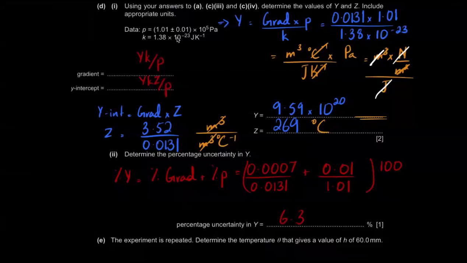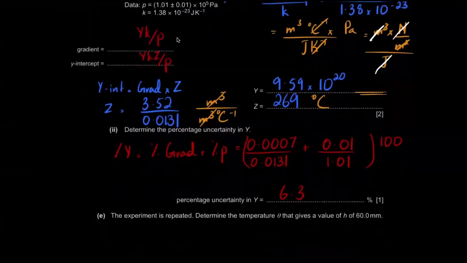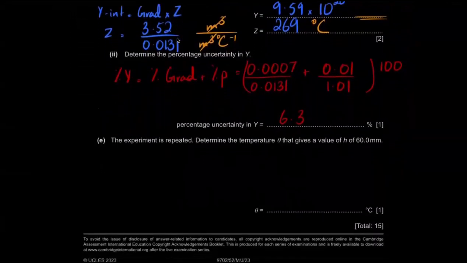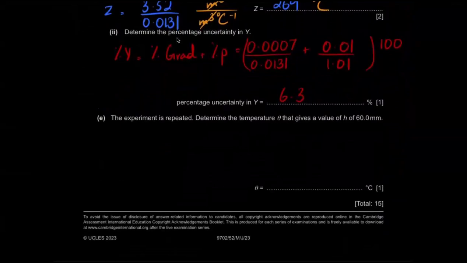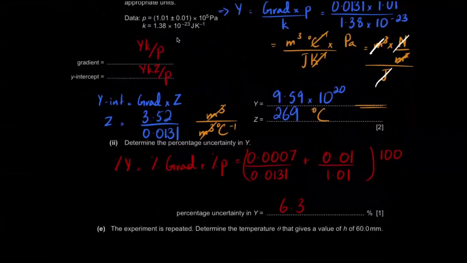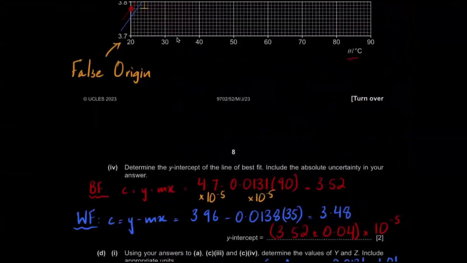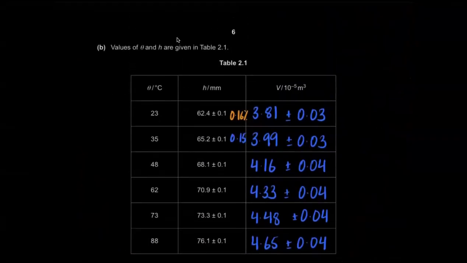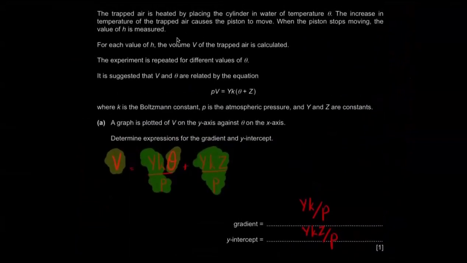All right. The experiment is repeated. Determine the temperature theta that gives a value of H of 60 mm. Now for this last part, you have a choice in terms of what you want to use. You can choose to use this linearized equation that you had, or you can also just choose to work with whatever the examiner had given you.